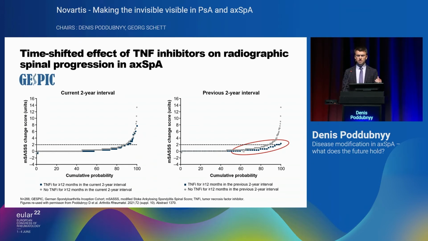But if you look in the following 2 years, so after 4 years, then you see a clear difference. So this effect, if you start a treatment today, you will observe the difference after 4 years, and this is most likely related to this intermediate step of repair and beginning new bone formation that takes time, around 2 to 3 years.